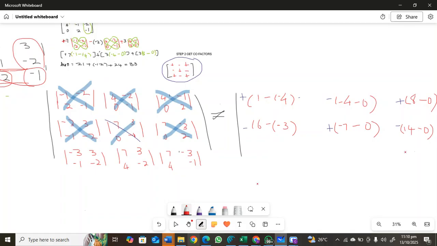Okay, next we have the positive sign here according to our top there. Positive. So we're going to say 3 times negative 2, that is positive 6, minus 3 times negative 1, that is negative 3.